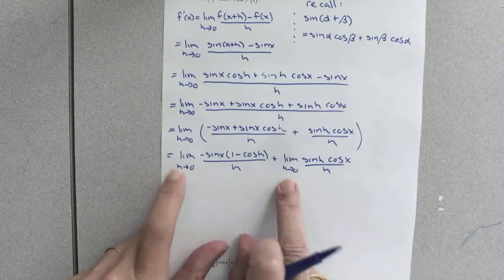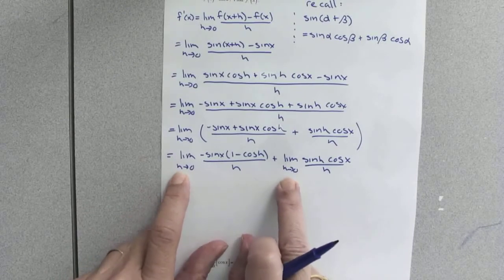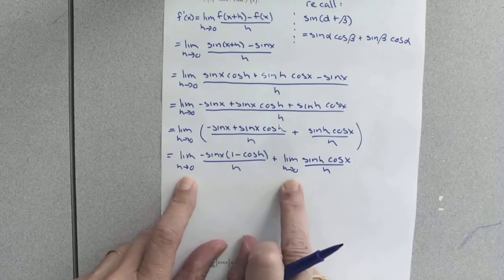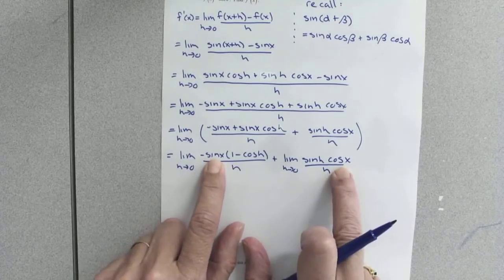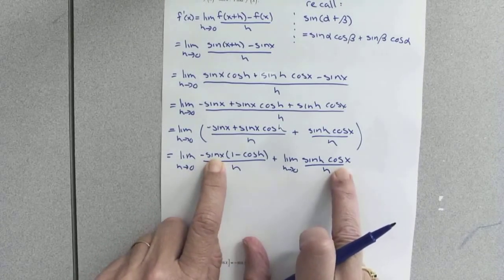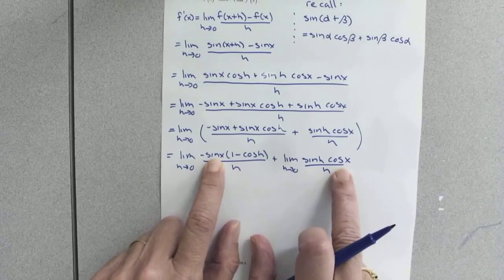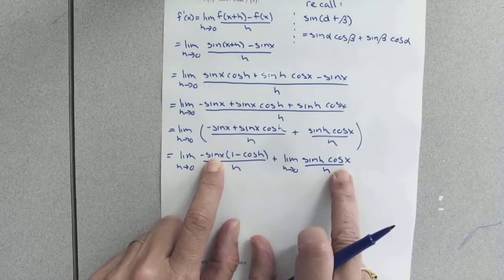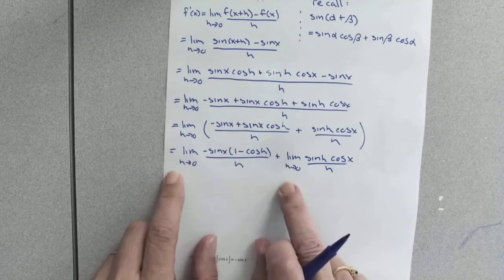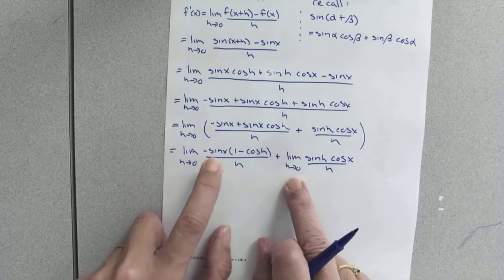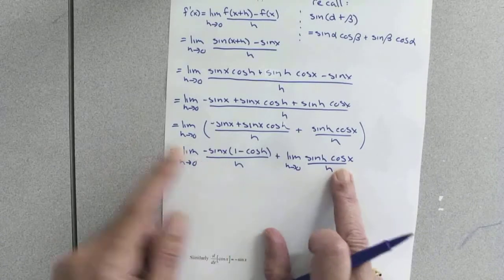The variable on the limit is h, which means the sine x and this cosine x, those are constants as far as limit's concerned. As far as limit's concerned, that's no different than saying 3 and 12 there. They are constants as far as the limit's concerned. The variable on the limit is h. Sine x, cosine x, no h's.